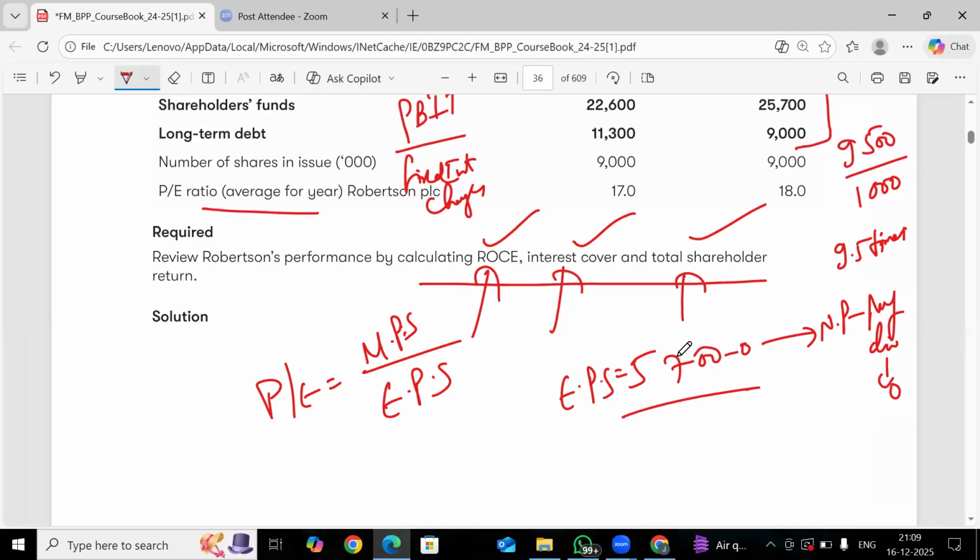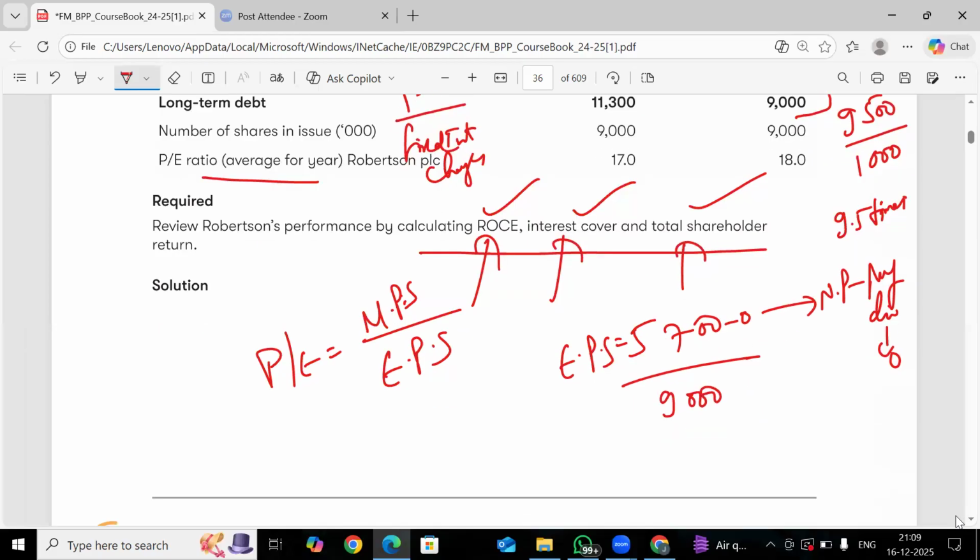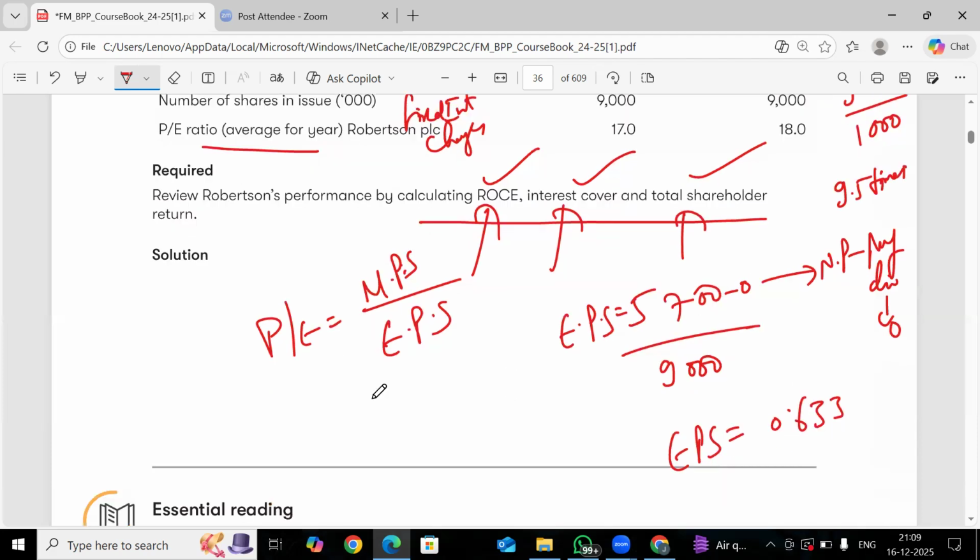So profit after tax by outstanding shares. How many shares are there? 9,000. So what is your EPS for the current year? 5,700 divided by 9,000. So it's 0.633. So the PE ratio for the current year is 18.